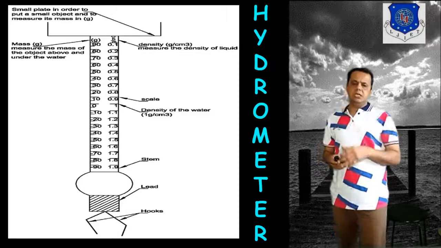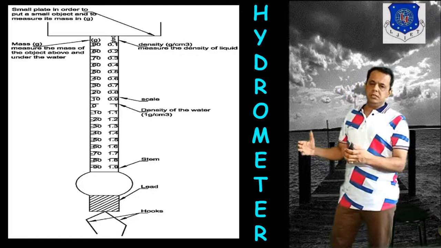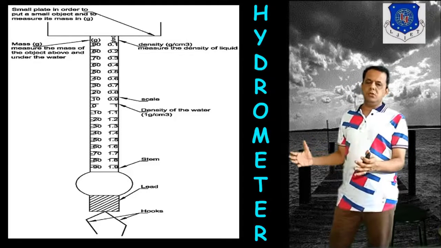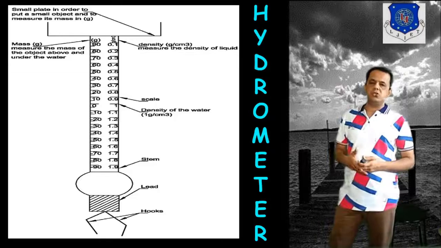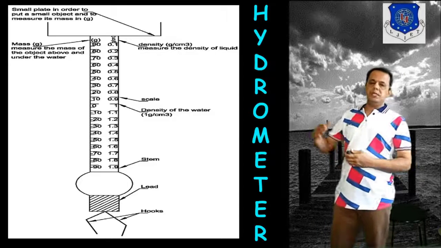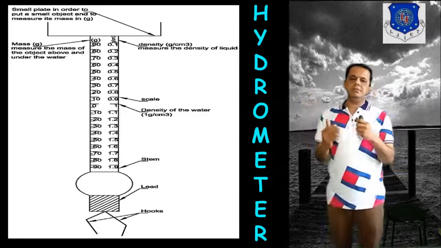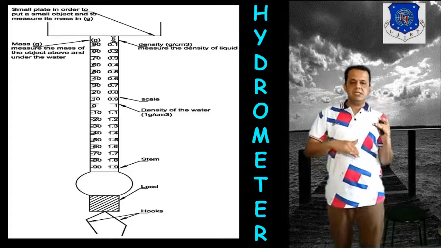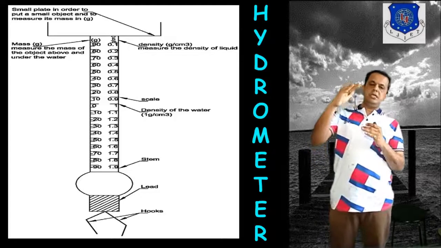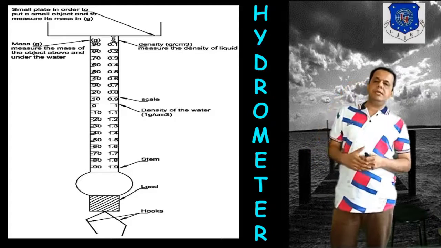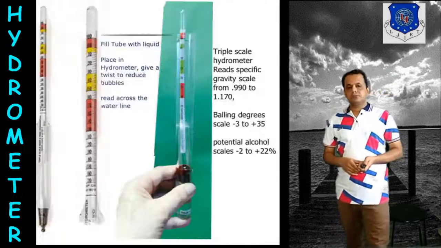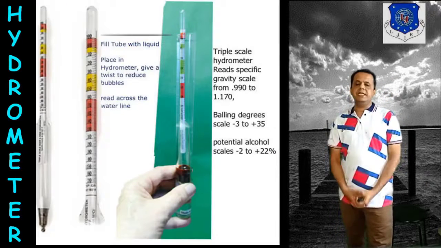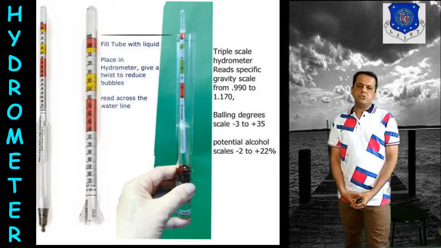Here you see one diagram is shown where the base is a little bit wide and some scales are shown, where something is showing mass, something is showing density, the density of water, the density of the liquid under measurement. Okay. So this one, the practical hydrometer, I am showing you.